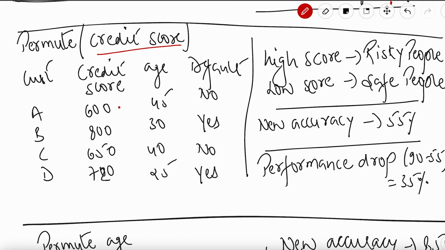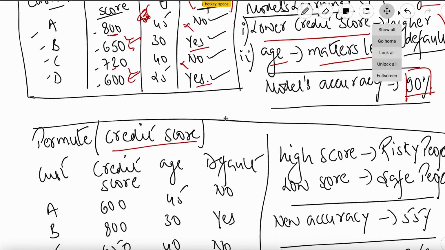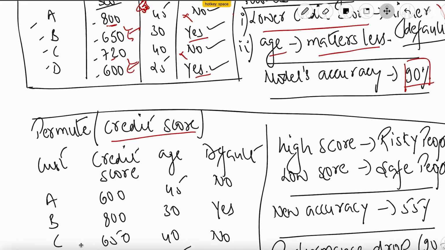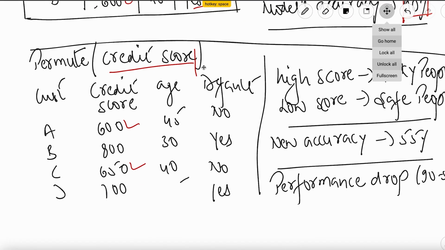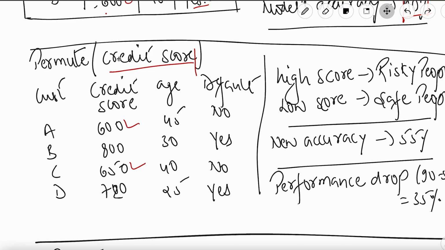Previously, if you notice, A was assigned a score of 800, C was assigned a score of 720. So those customers whose score was high initially are now being assigned low scores, A and C. On the other hand, B and D had lower credit scores, and now they are assigned a higher credit score here.